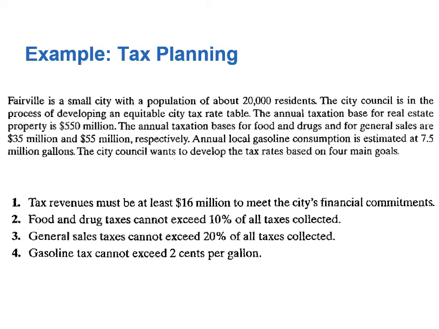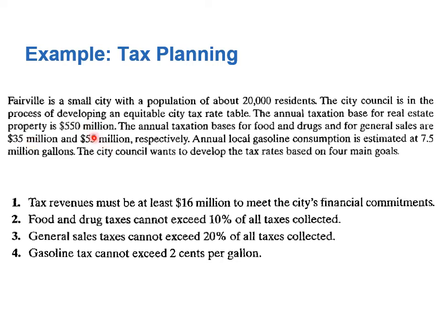Also, the annual taxation basis for food and drugs. So this was for real estate property. The annual taxation bases for food and drugs and for general sales are $35 million and $55 million. So this is for food and drugs, and this is for general sales.